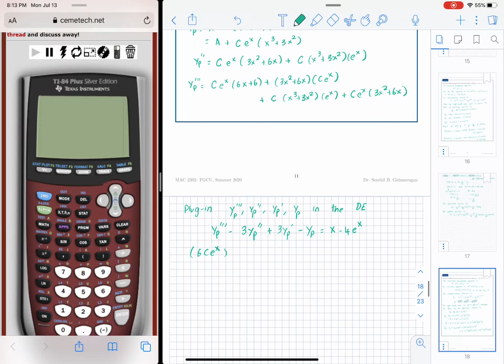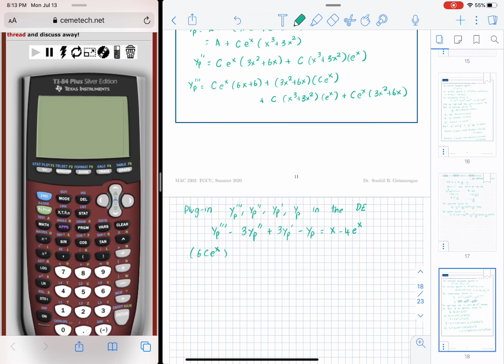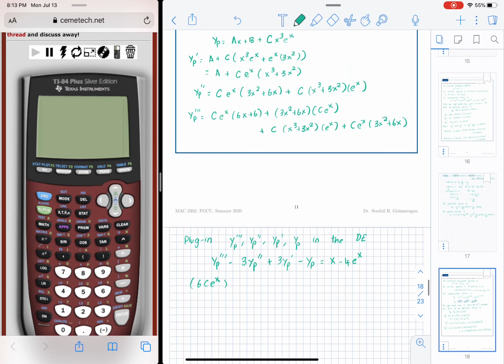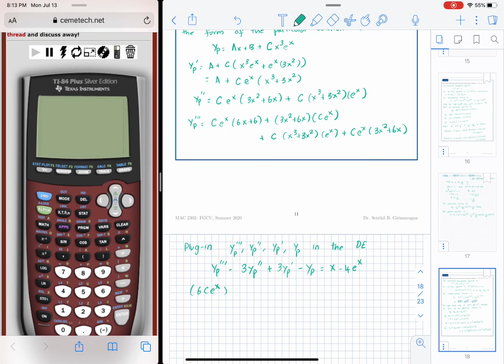And move on to the second derivative. I have an e raised x term, so nothing of consequence there. And now you've got to be careful. We should be able to get enough equations to find the solution. If not, we have to go back and plug the values in to get to the correct answer.